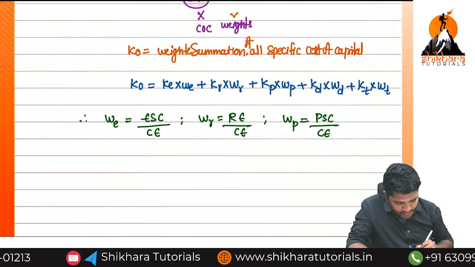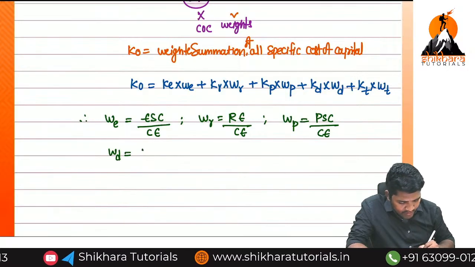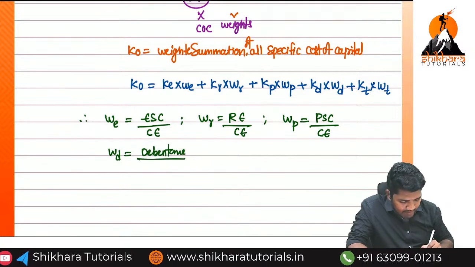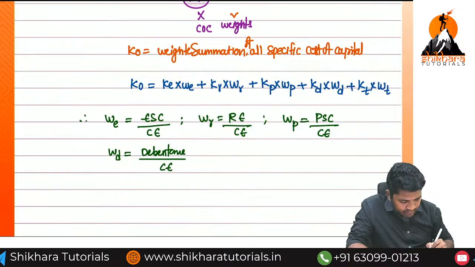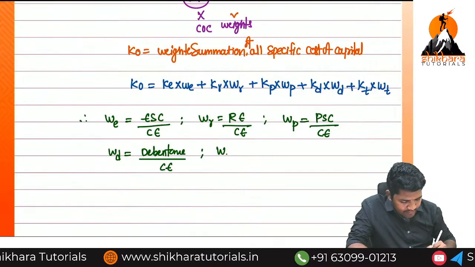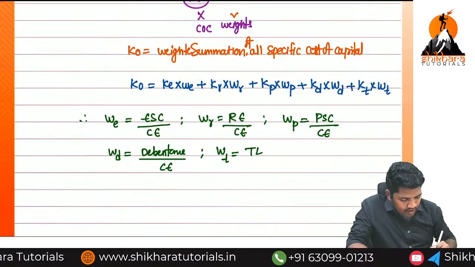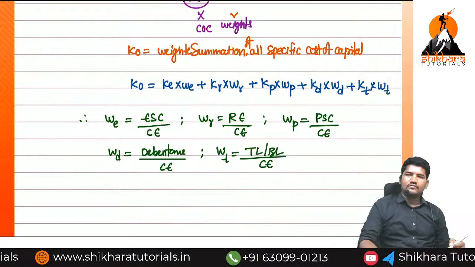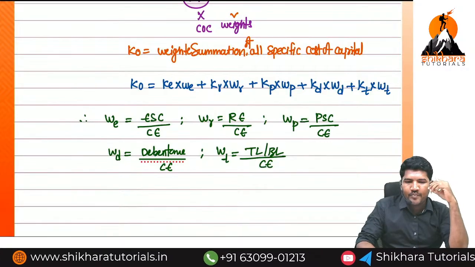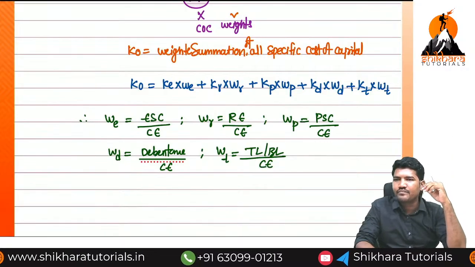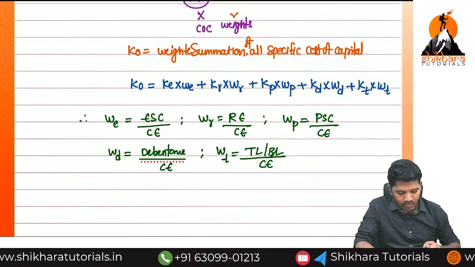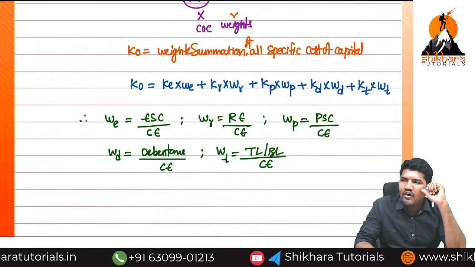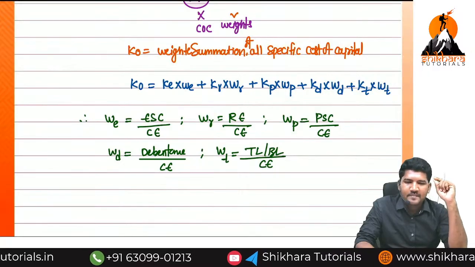Now, how to calculate the weight of debenture? Debenture capital amount divided by capital employed. Weight of term loan or bank loan: divided by capital employed. I hope you understand how to calculate KO. The important thing here is that you are summing the weighted specific costs of capital.